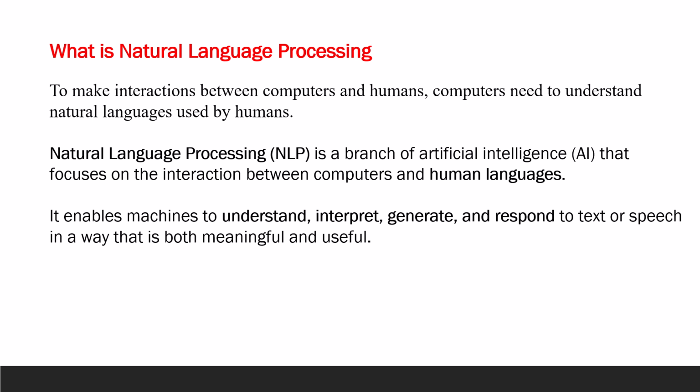To make the interaction between computers and humans possible, the computers need to understand the natural language used by humans. NLP is a branch of AI that focuses on the interaction between humans and computers. As we already discussed, it enables the machine to understand, interpret, generate, and respond to text or speech in a way that is meaningful.